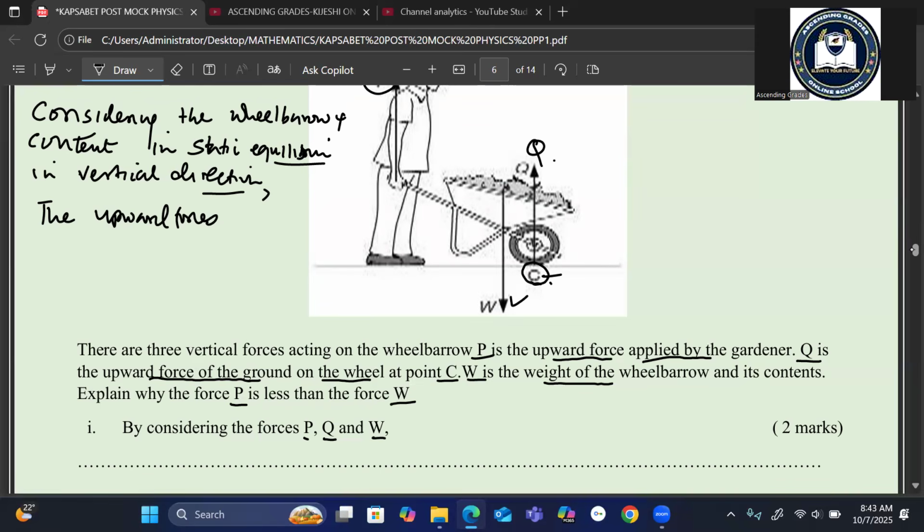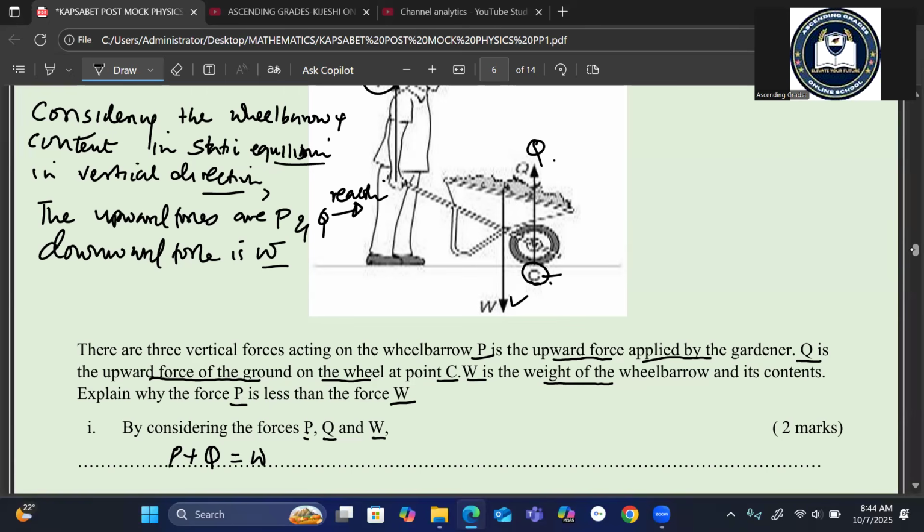So we can mention the forces in this case, where we have P, Q, and W. The upward forces in this case are P and the Q, which is the reaction, whereas the downward force is W. So this is just an explanation. What does this one tell us? It means that the upward forces, P plus Q, equal the weight.